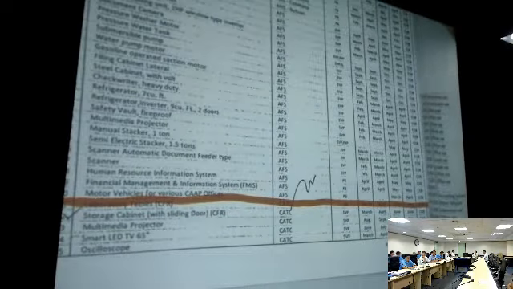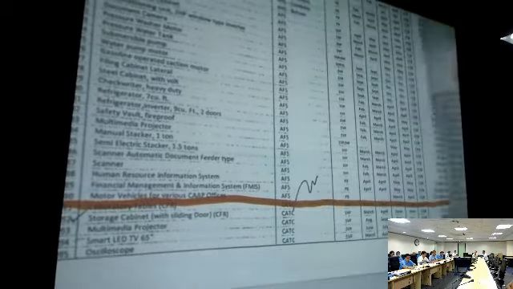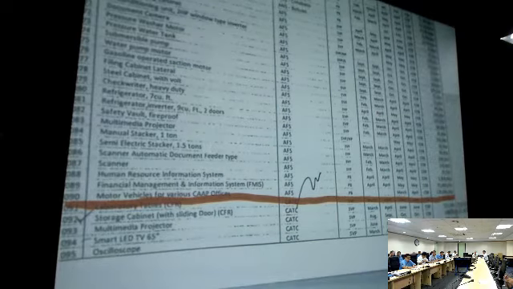Purchase of storage cabinet. 18 units. 225,000. SBP, sir. Pwede sa akin.